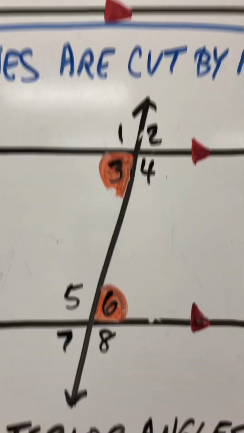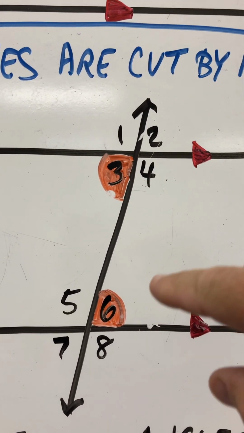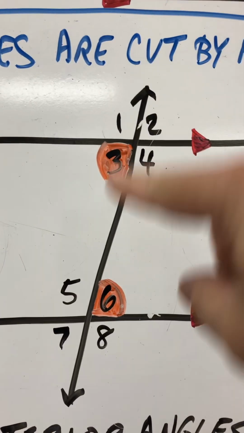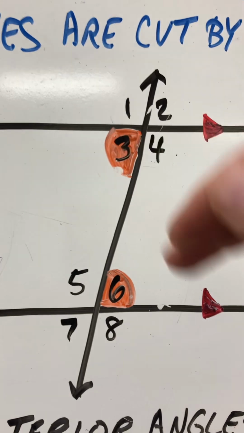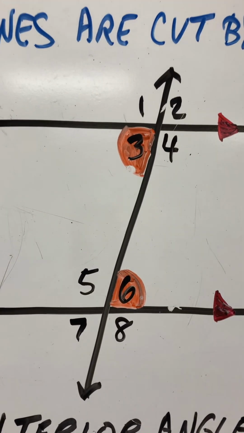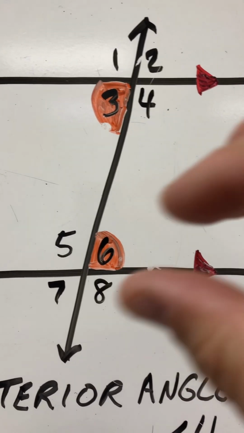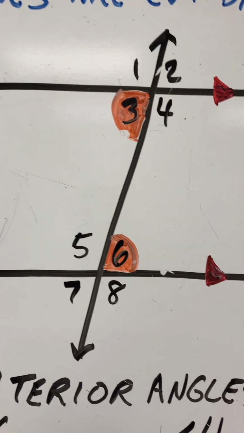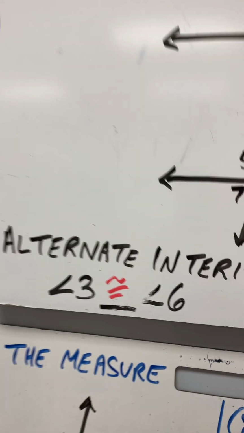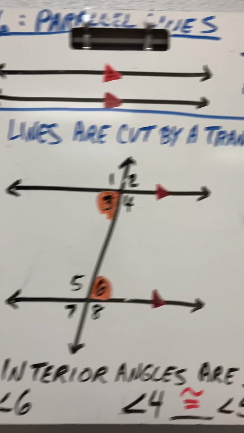Are these two angles on the same side of this line, or on alternate sides? They're on alternate sides. Are they on the interior of these two parallel lines, or the exterior? They're on the interior, so we call them alternate interior angles.